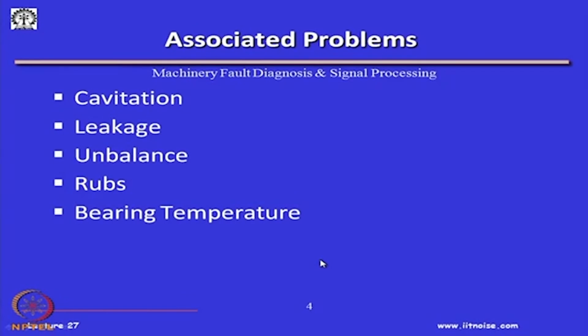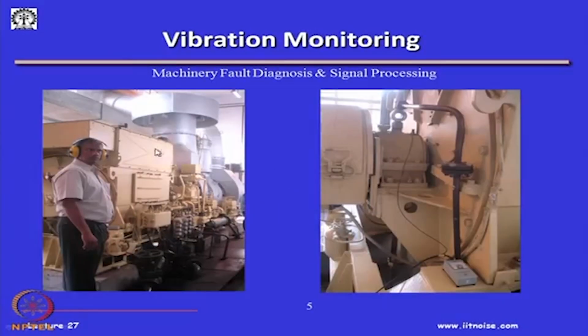Okay. And then I will come to the associated problem. This is another view, wherein we are monitoring the acceleration by a uniaxial vibration monitoring. This is another view, and it is pretty noisy, so we have put in earmuffs here. It is a very noisy test environment, and you will see these are the chutes for the exhaust of the gas turbine.